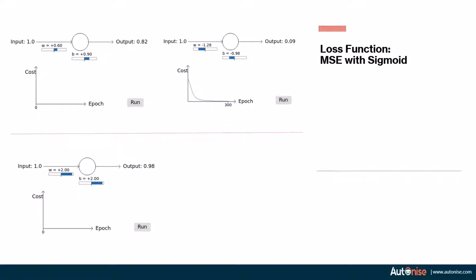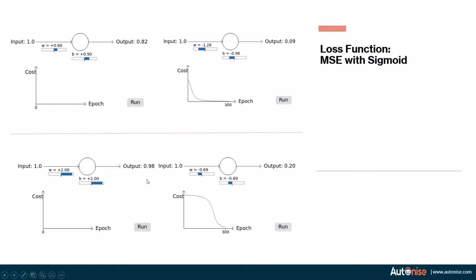So if you make a large error, you try to overcompensate for it and usually you try to learn faster. Initially, in our first simulation, the output is 0.82. Over here, the output is 0.98 and we are going to train it to output 0. Hence, ideally, the cost should decrease rapidly in the beginning and converge to 0 faster. Let's see what happens.